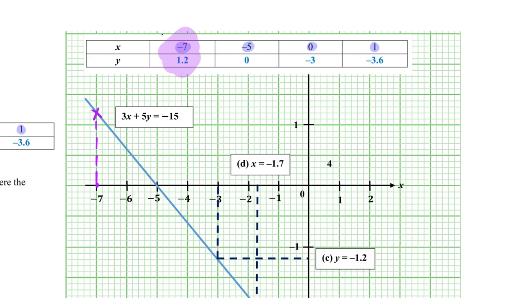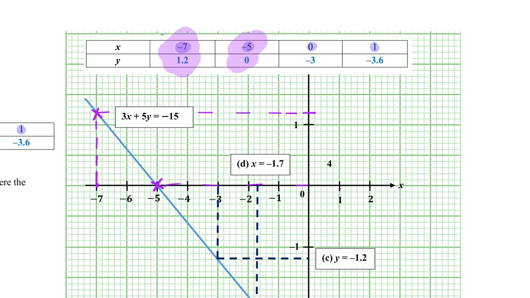This point here is actually negative 7 for x and 1.2 for y.